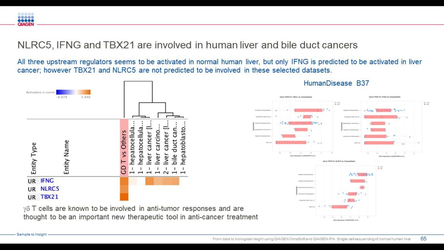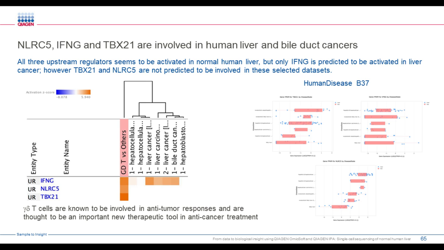It's very interesting because when you have the gamma delta T cells in normal situations, without viral insult or other type of injury or disease like cancers, these three components are predicted to be activated.